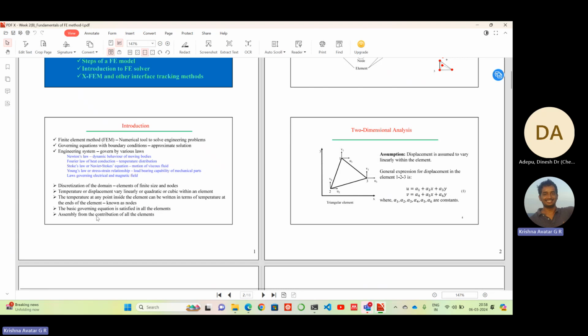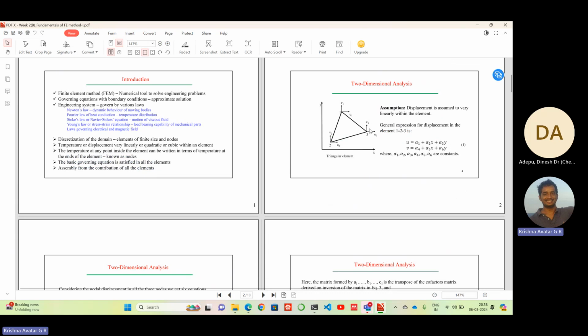Then the basic equilibrium equation has to be satisfied in all the elements, and we know very well that we don't actually satisfy it in every element, we satisfy it in an average sense. Then we assemble all the contributions from all the elements.